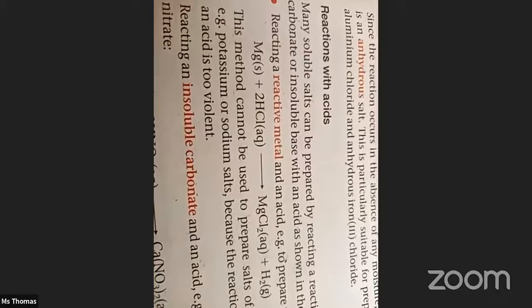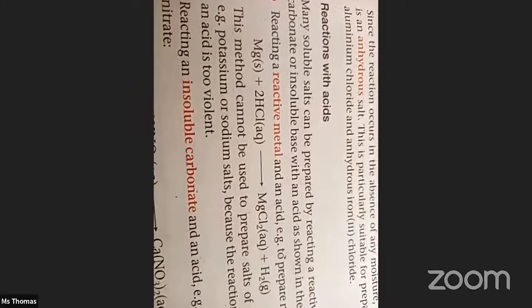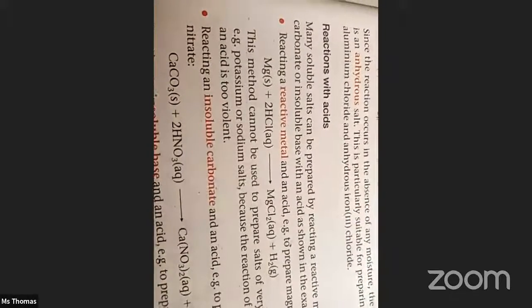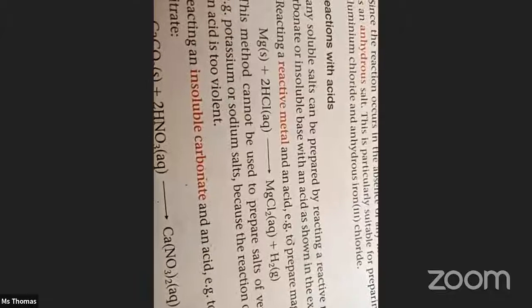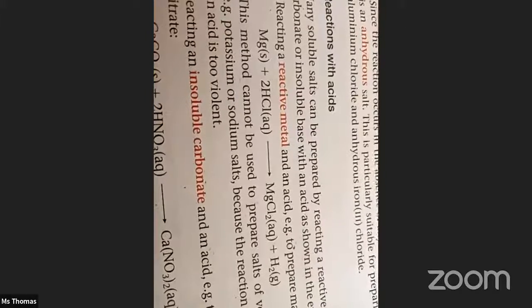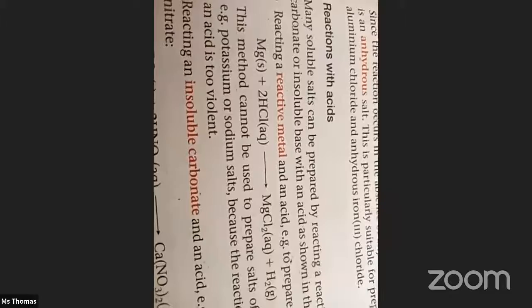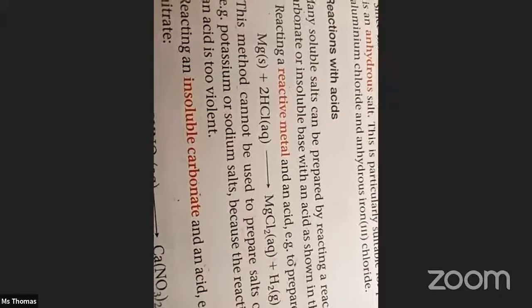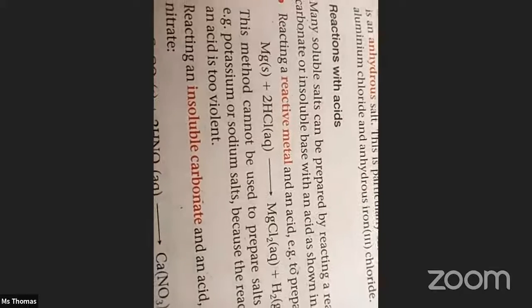It reacts very violently, explosively. So you can imagine if you would take potassium and sodium and put it in an acid, what do you think would happen? Kaboom! You wouldn't be there to collect any salt. You would have to go far, far away and run away from that explosion.